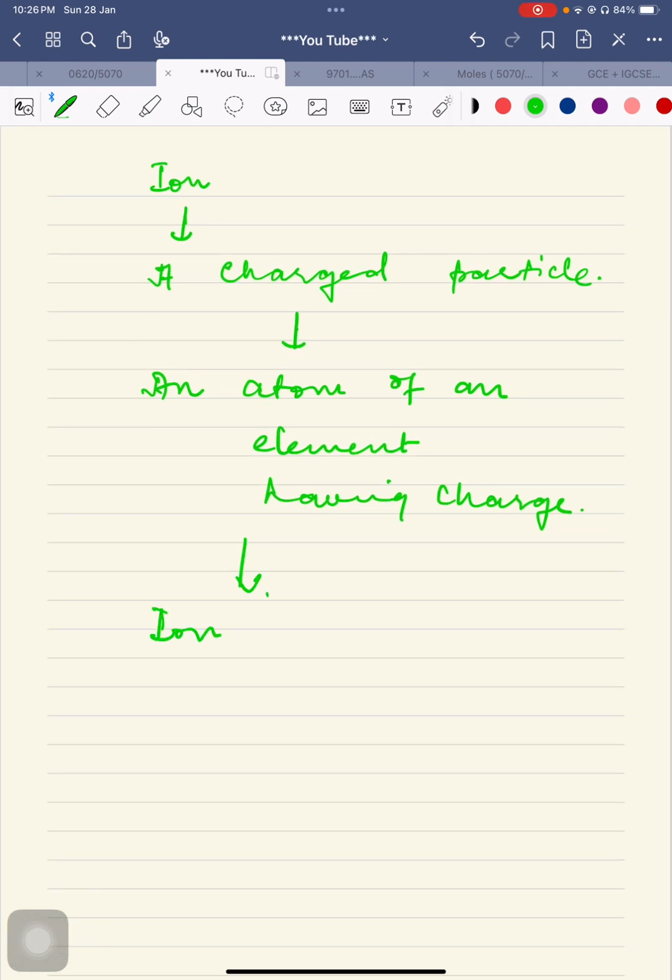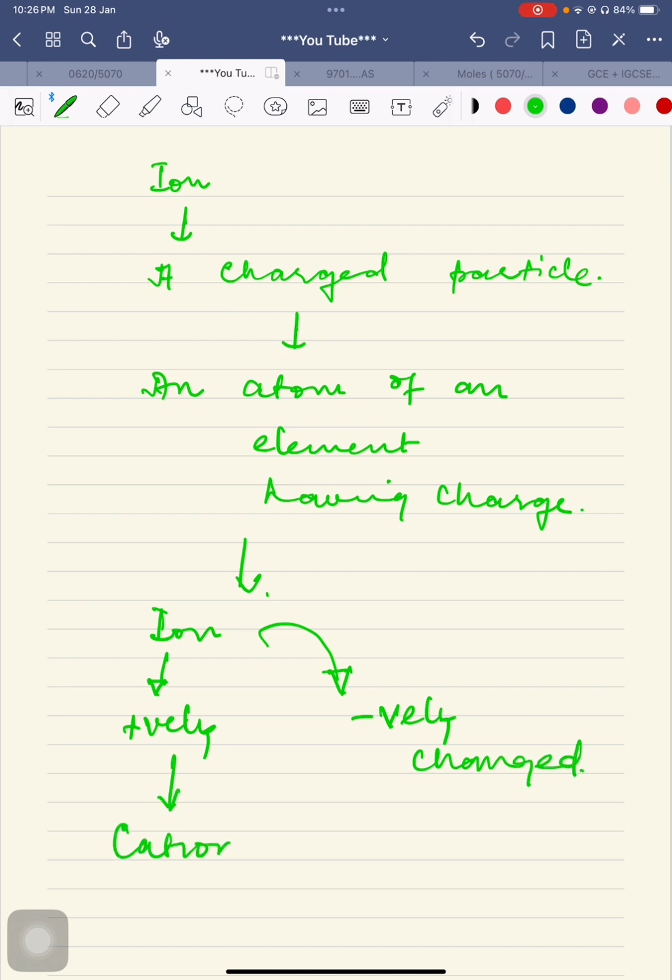An ion can be positively charged, can be negatively charged. Positively charged ions are called cations. Negatively charged ions are called anions.